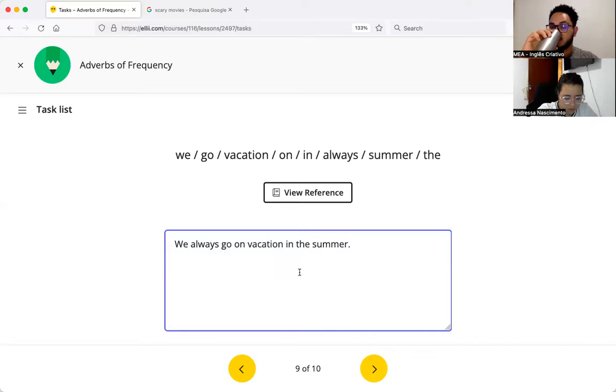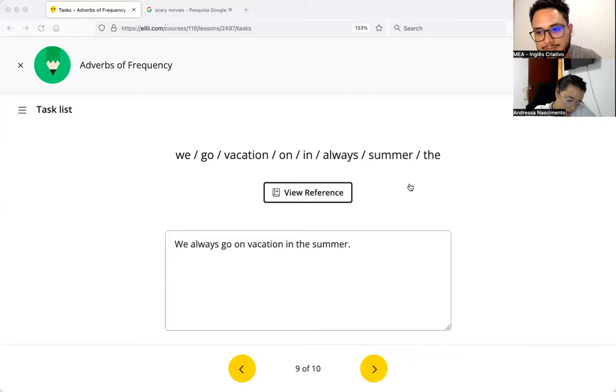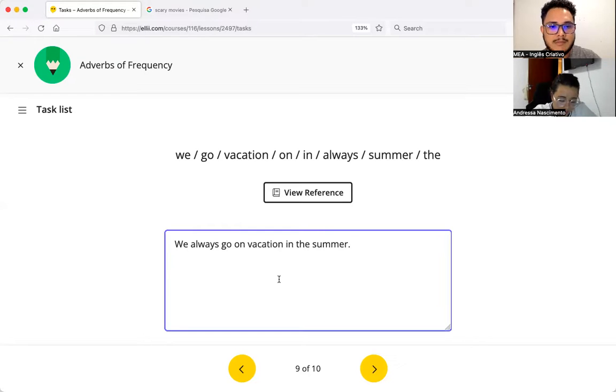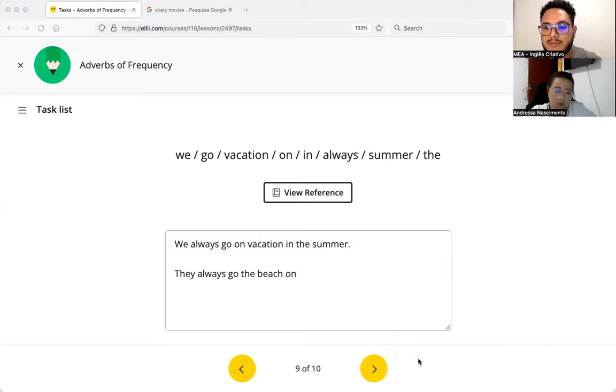Good. Your sentence. They always go to the beach. Try to complement more. What day of the week is it very common to go to the beach?